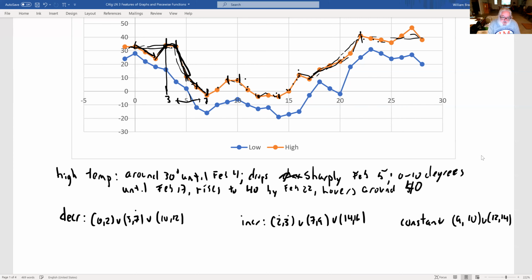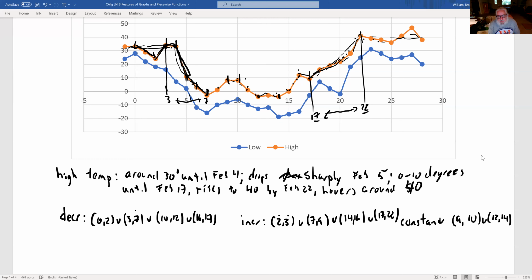Decreased for a day. And then increased every day, from day 17 to day 22. And then it did some more stuff. So when we're talking about intervals of increase, we're talking about intervals on the x-axis.